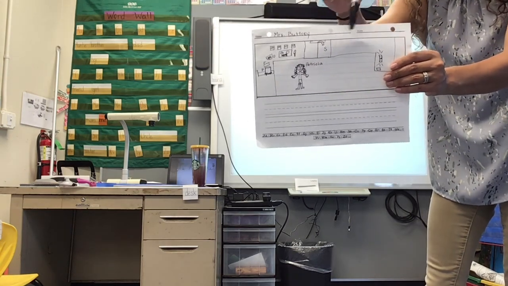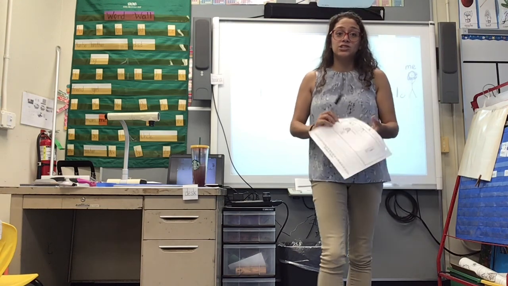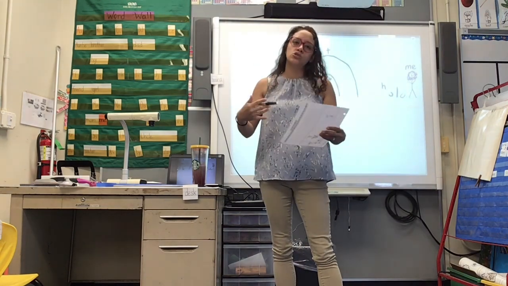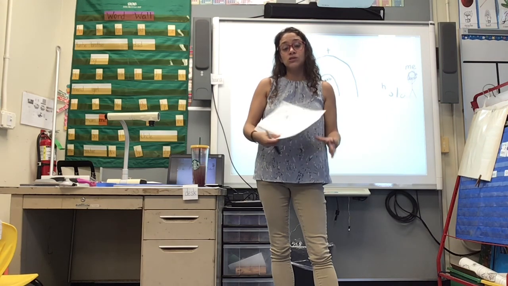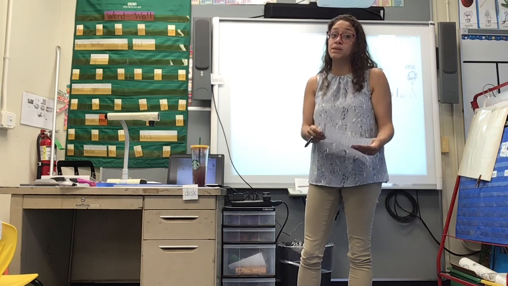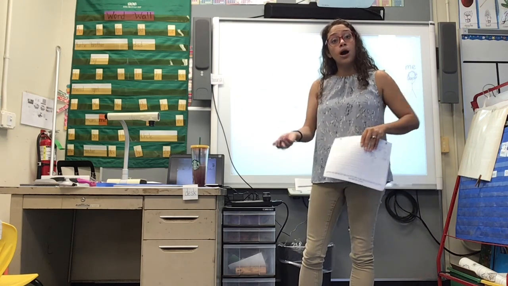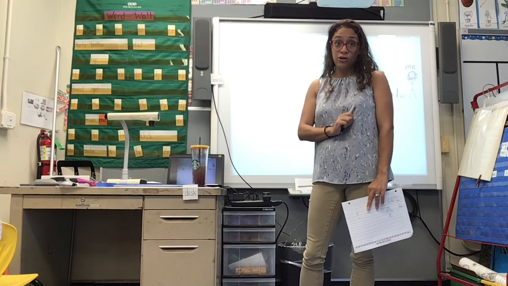You see that? 1, 2, 3. These can go in your binder. When you were coming to school, we were going to create a writer's binder, all right? So these go in your binder. You can either use these sheets of paper and put them in your binder so that you keep them safe, or use your composition book and keep turning the page when we start a new piece. Sound good? All right.